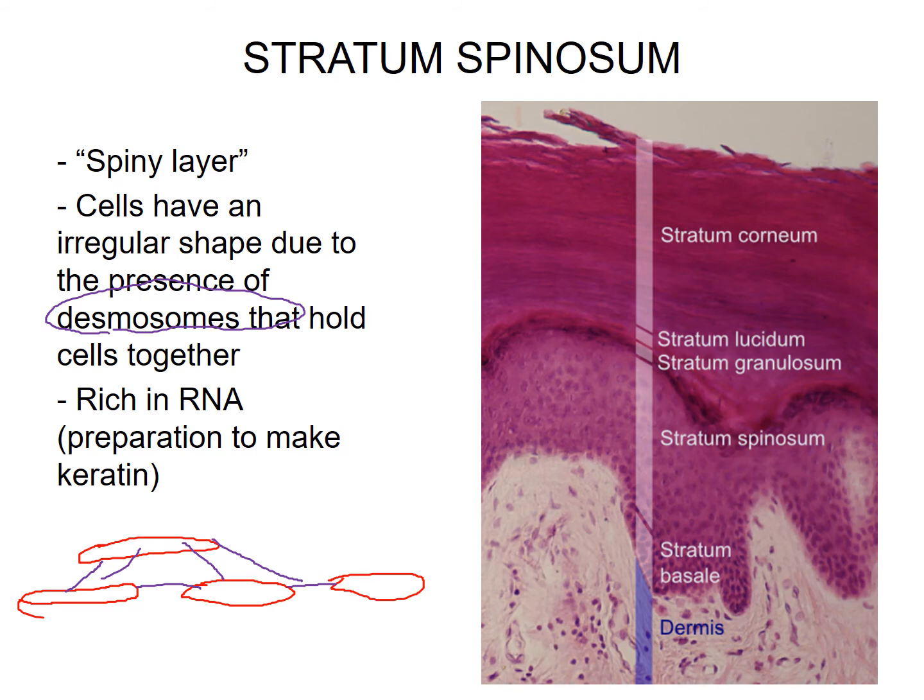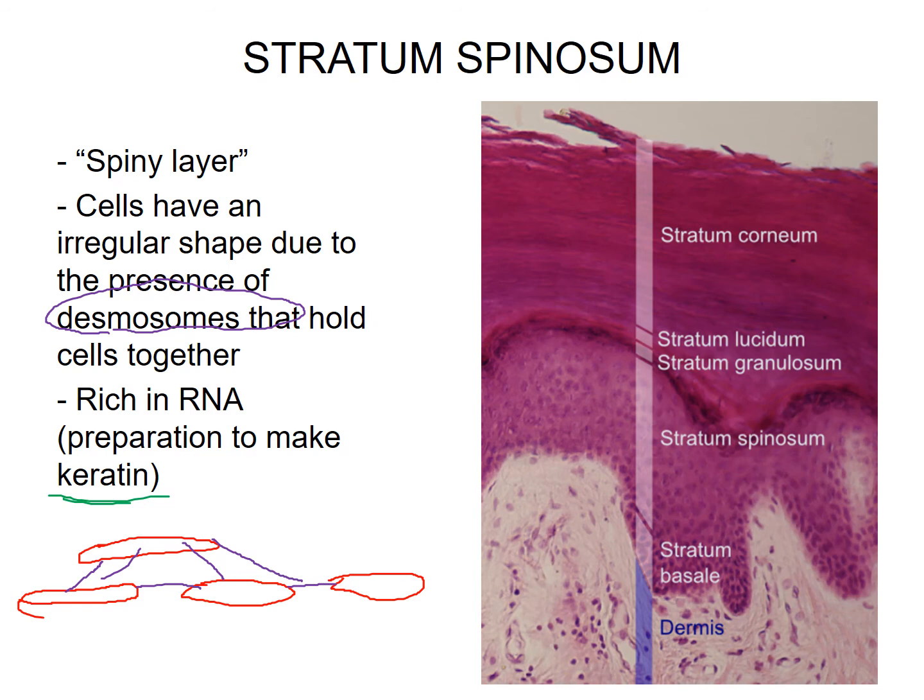We're also going to have a lot of RNA in this area to help the prep stages of making the keratin. Remember, the stratum right above this is the stratum granulosum. That's where we are going through keratinization. We are pumping the cells full of keratin. Here in the stratum spinosum, we're preparing for it, getting ready to do that.